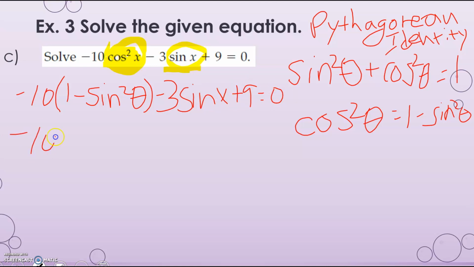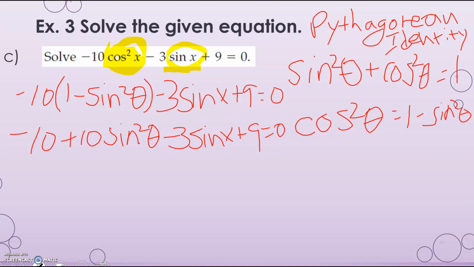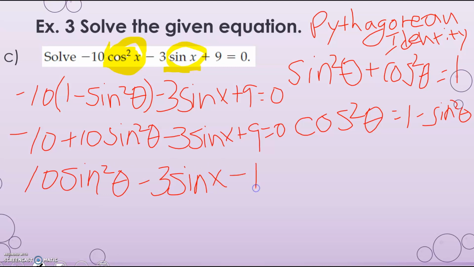I'm going to get -10 plus 10 sine squared, again, distribute evenly, please, minus 3 sine x plus 9 equals 0. Start combining my terms. So 10 sine squared theta minus 3 sine x minus 1 equals 0.